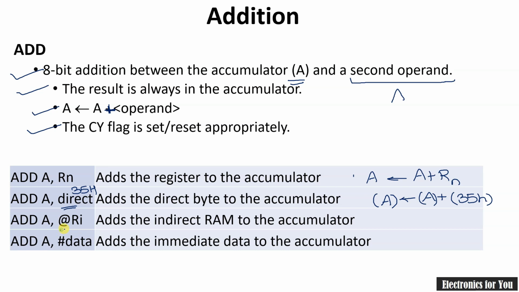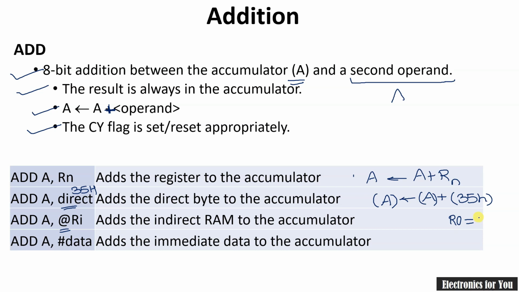It means that it is an indirect addressing mode. The indirect address of a RAM location indicated by Ri will be added with the content of the accumulator and the result will be stored in the accumulator. Note, I am explaining here: Ri, say R0, we are using the R0 register and this R0 is having some value.